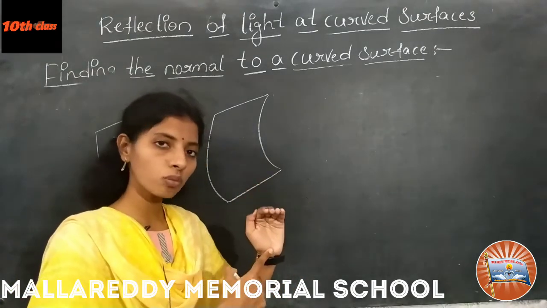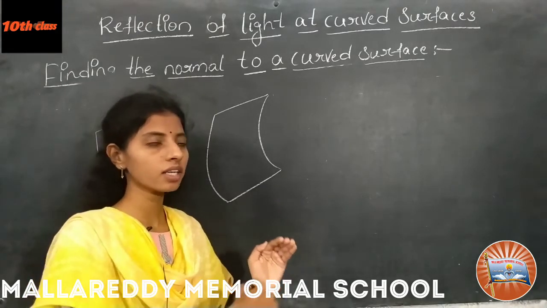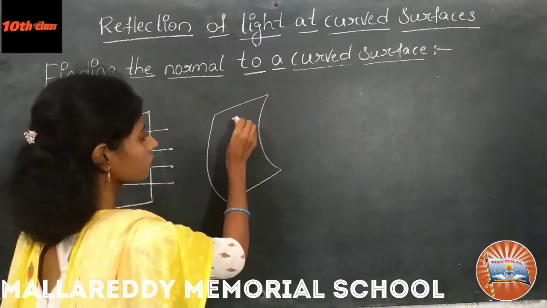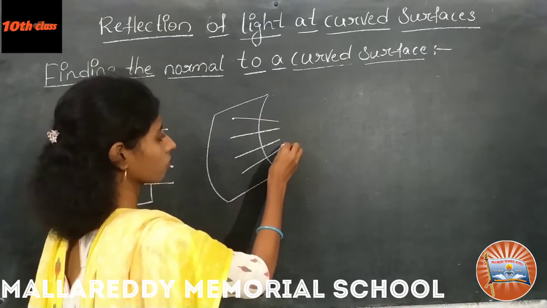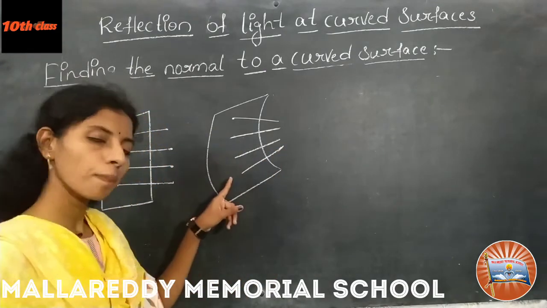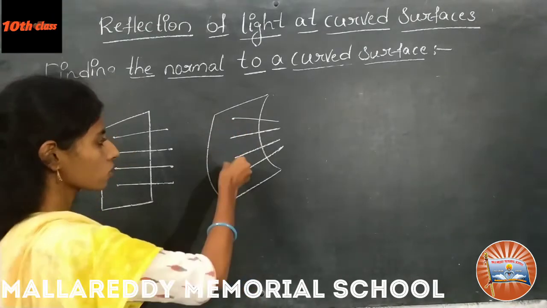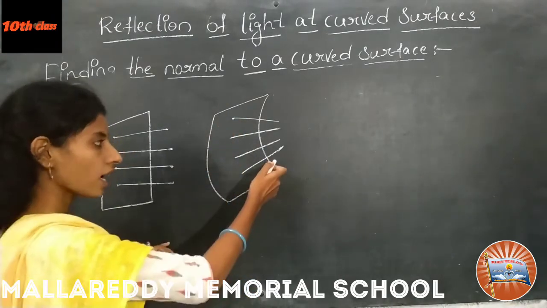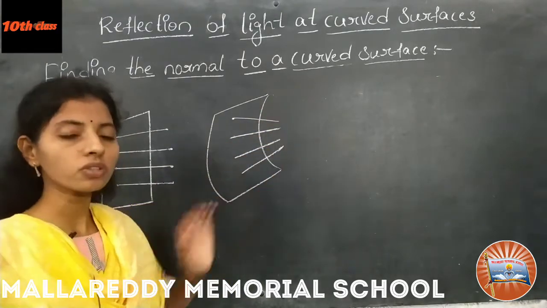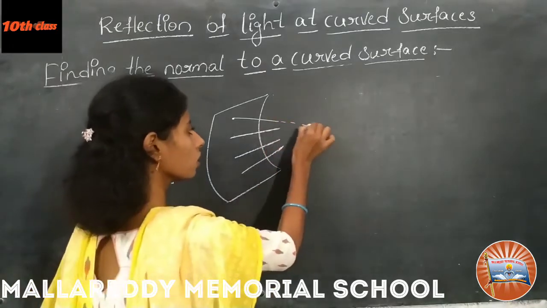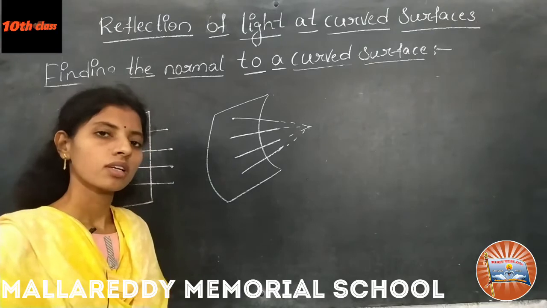The pins which are arranged here will form like this. Here all the pins are normals but in different directions, right? The distance is changed and they give a converging type of ray here. So all of them converge together at a point, right?